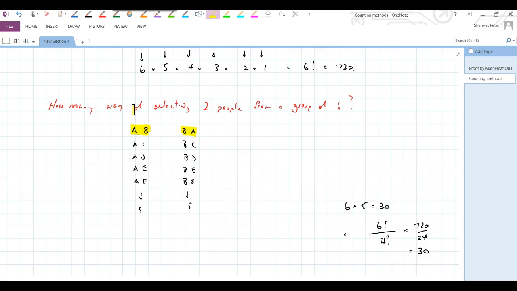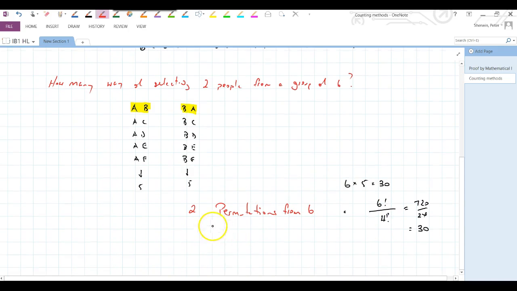This is where we get into the difference between permutations, where order is important, and combinations, where it isn't. This calculation here is a permutation. Two permutations from 6 reads 6P2, and that is equal to 6 factorial over (6 minus 2) factorial.